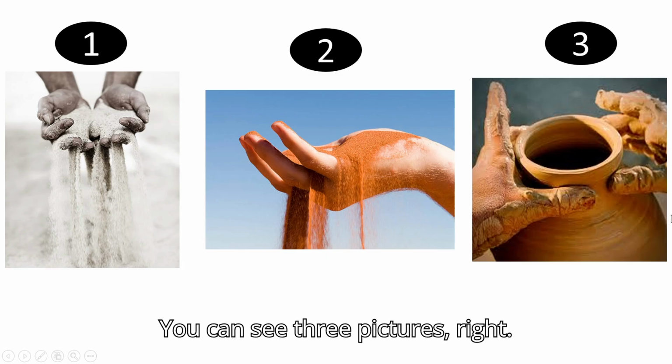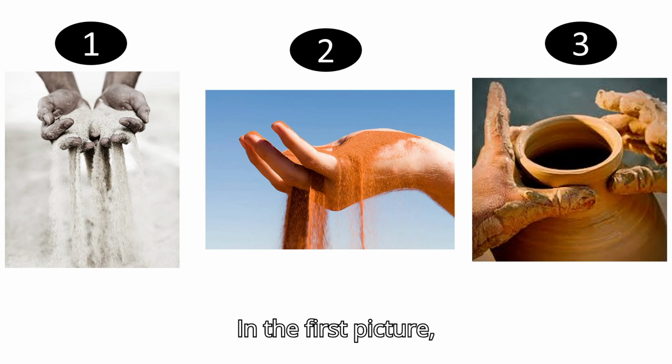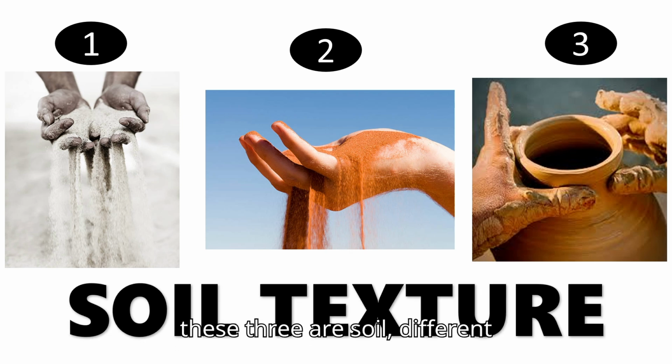You can see three pictures, right? In the first picture, these three are different types of soil. In the first picture, the soil flows through the hand very easily, and we can see minute particles. In the second picture, the soil in the hand feels like flour, like the wheat flour used to make chapati.